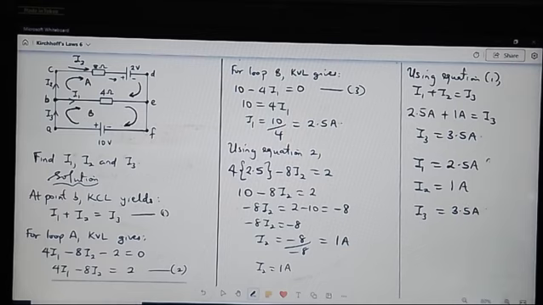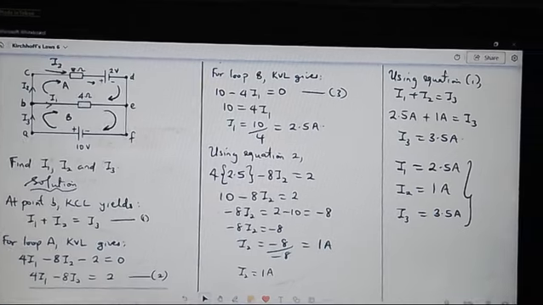These are the answers to the problem. Like I said earlier, this particular question is much easier than the first one. But then you can see how we have used Kirchhoff's laws to determine the currents I1, I2, and I3 in the circuit.